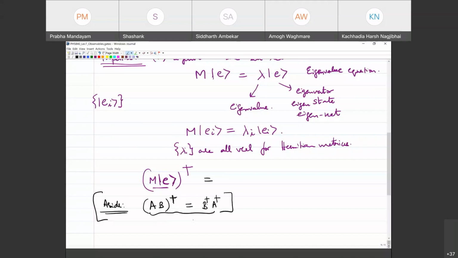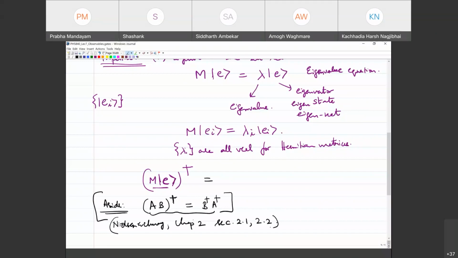The way to show this would be to actually take the product, do the conjugate transpose, and show that it is the same as doing the conjugate transpose on the individual matrices, but reversing the order of the matrix product. Okay, so if you want to see proofs of all these statements, please look up Nielsen Chuang chapter 2, sections 2.1 and 2.2 go over many of these basic linear algebra concepts and with proofs, right?